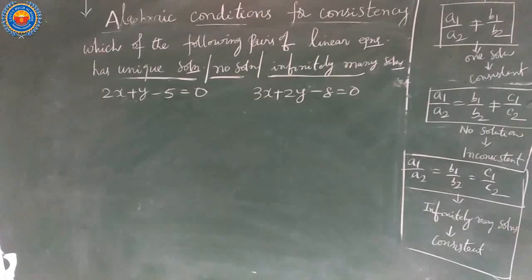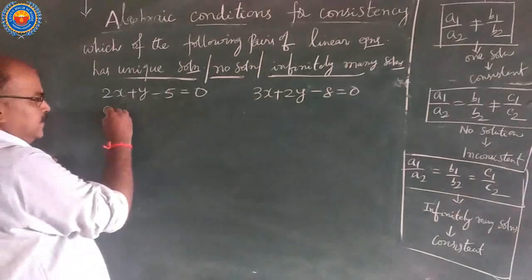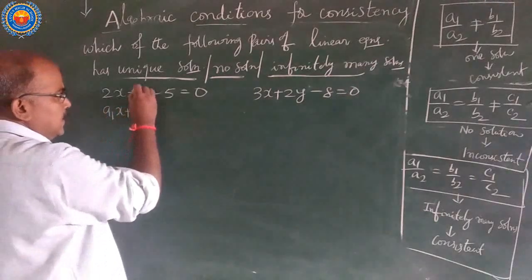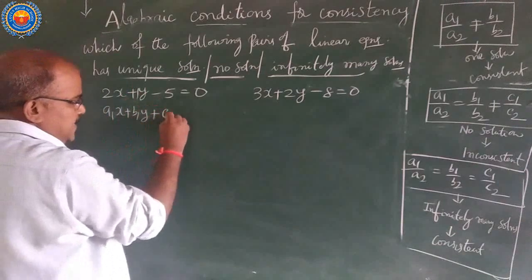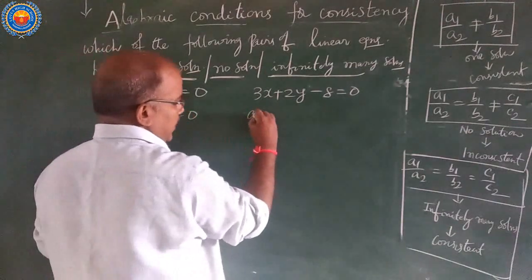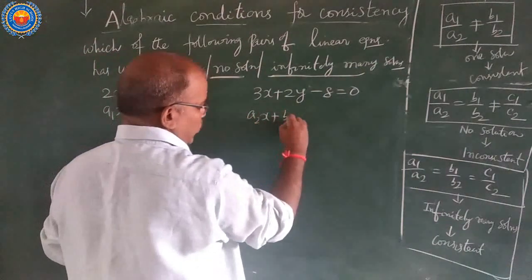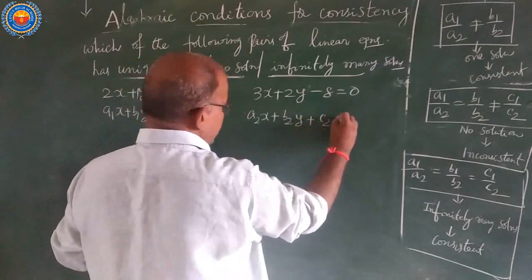Okay, here once again compare with a1x plus b1y plus c1 is equal to 0, a2x plus b2y plus c2 is equal to 0.